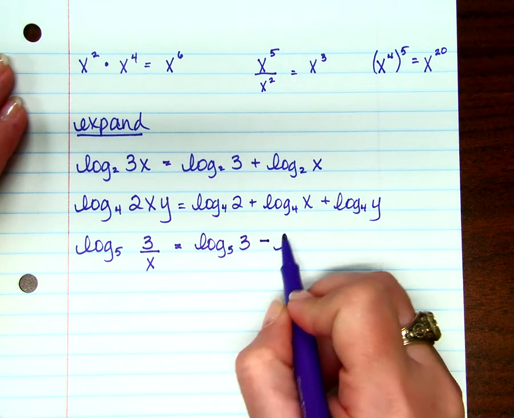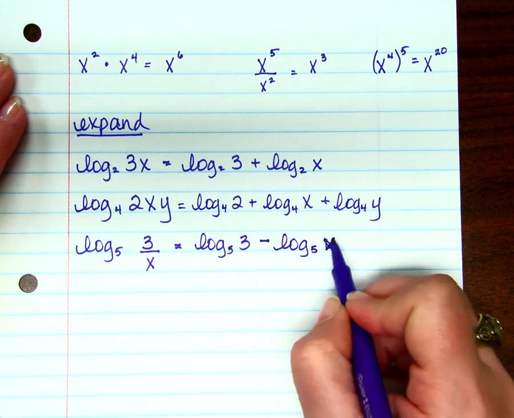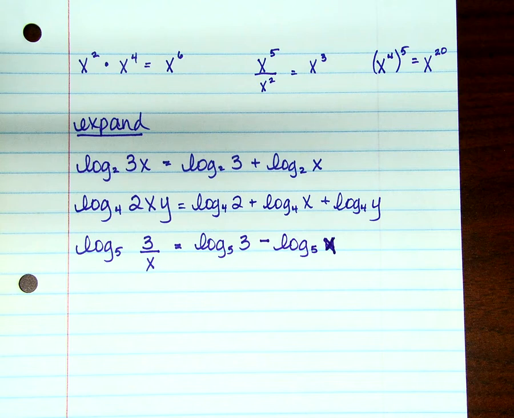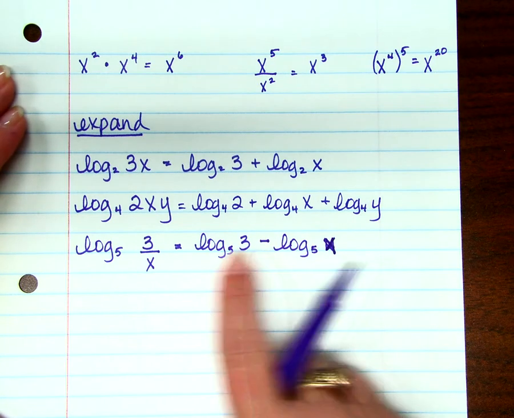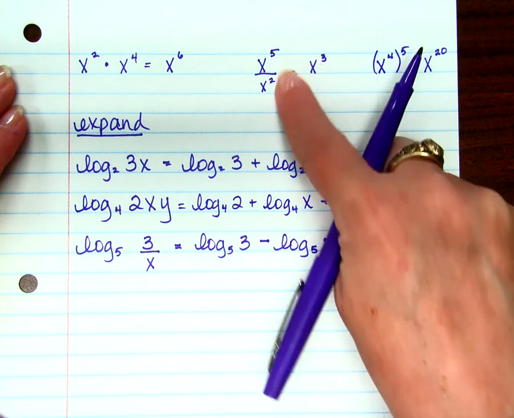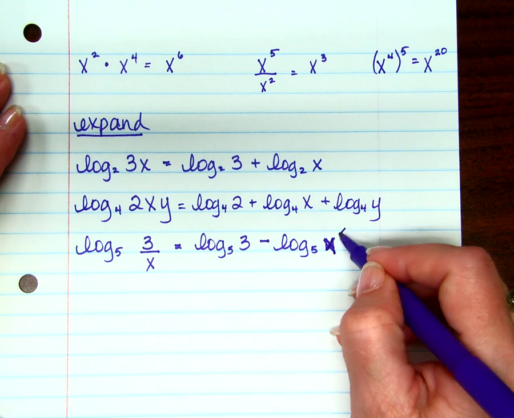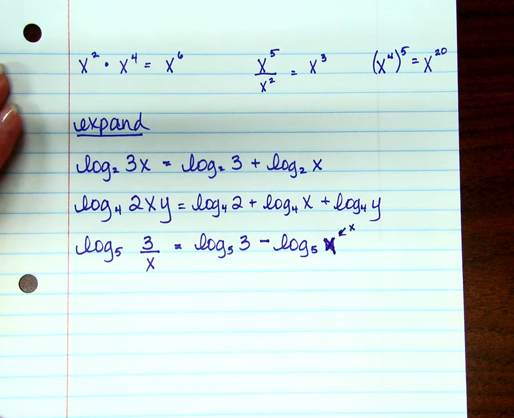Oh, minus log base 5 of x, sorry. Very good. Why would I subtract here? Because I am dividing. Why did I subtract here? Because I was dividing, right? This is an x. Sorry. So I couldn't even trick you, right?